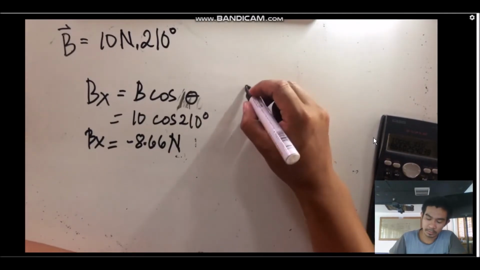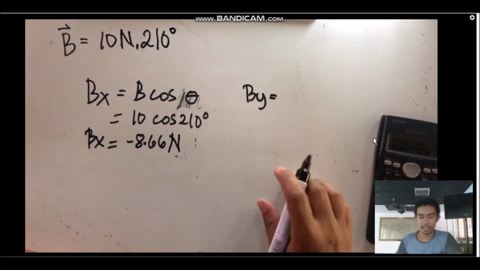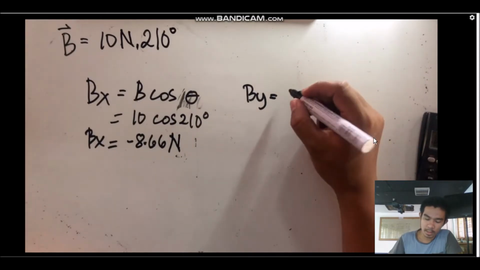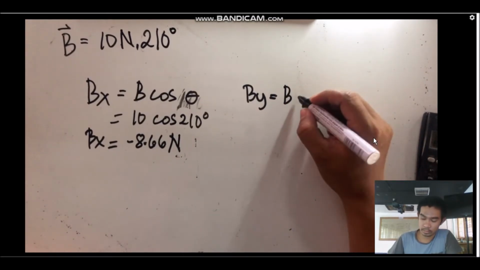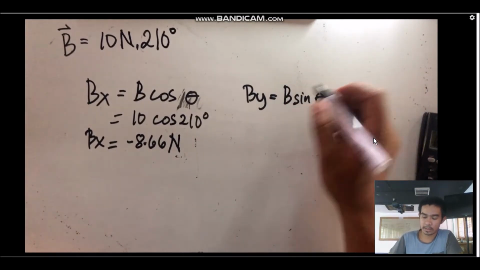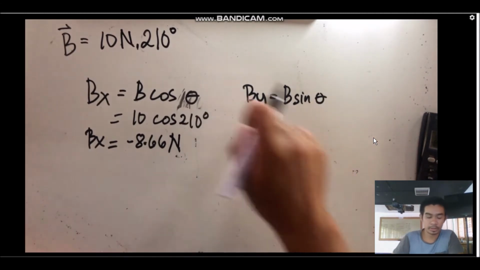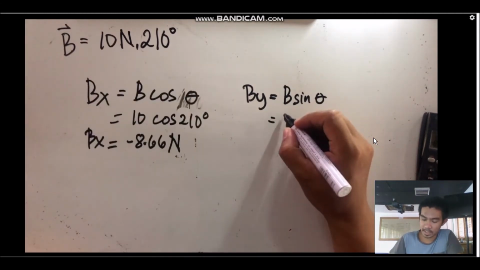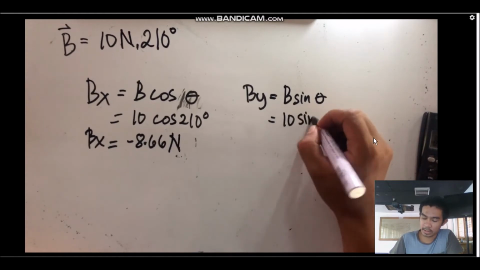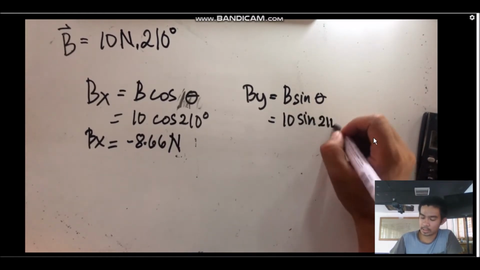The y component, B y, is the magnitude times sine of its direction, theta. What's the magnitude? 10 Newton. Then that is 10 sine of 210 degrees.